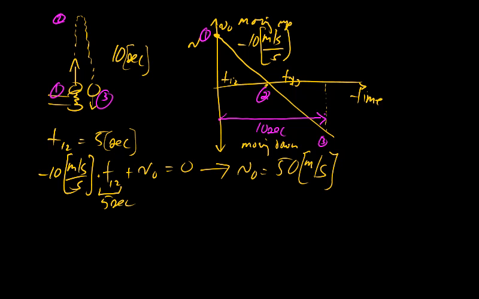And if you do this by adding the 10 meters per second times time to both sides, this is a positive number. And so the initial speed has to be up in there.